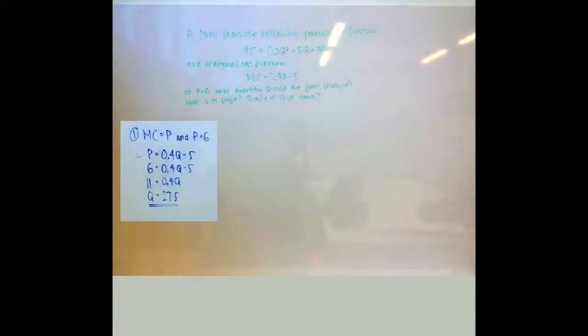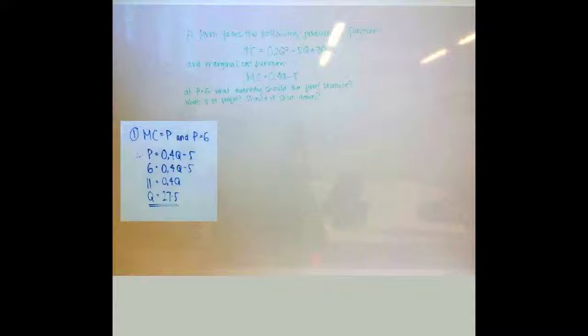Okay, so our first step, in order to find the quantity, would be to equate P with marginal cost, because the price that the firm is selling at is equal to their marginal cost. So MC, 0.4Q minus 5, equals 6.